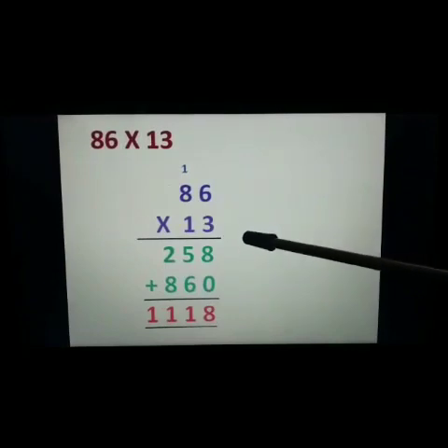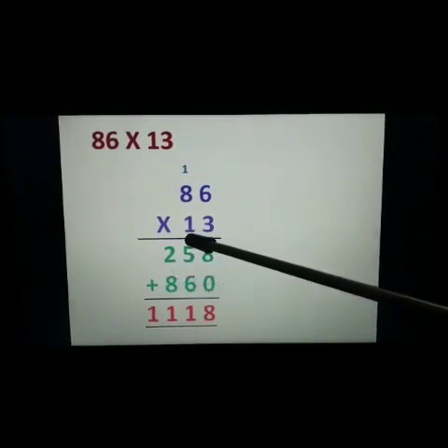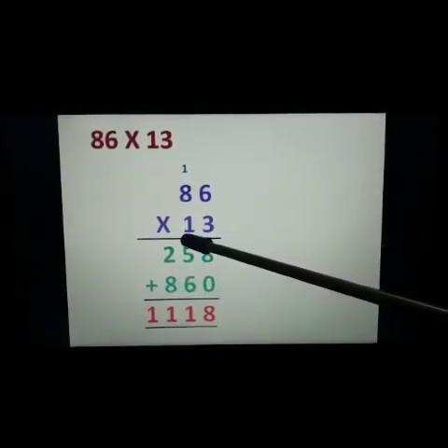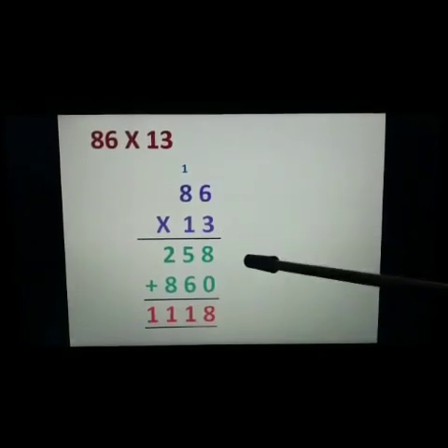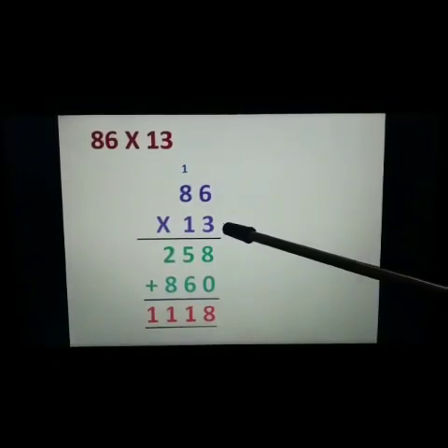So the first step is to multiply by the ones digit. Right now I need to forget about this 1, which is the tens digit. The ones digit is 3 here, so starting from the right, I need to multiply by 3.